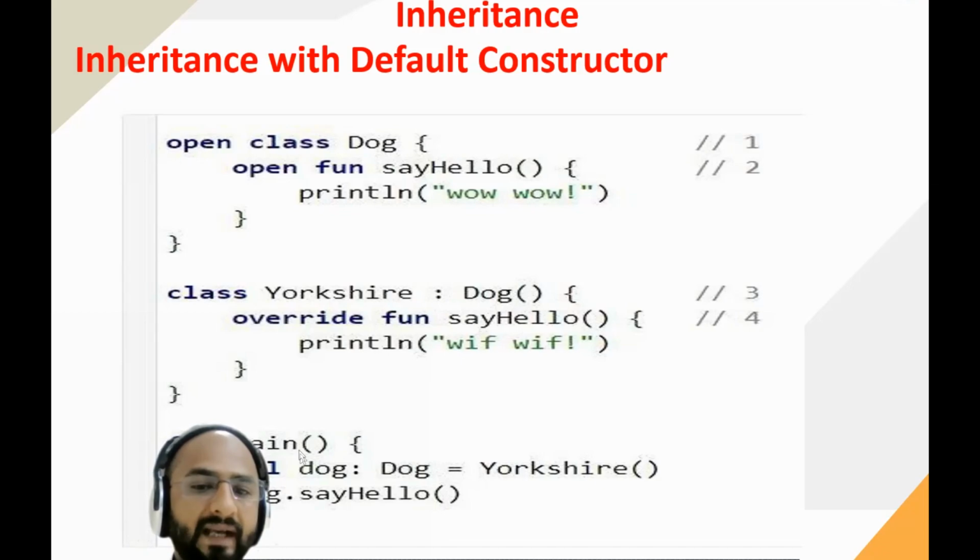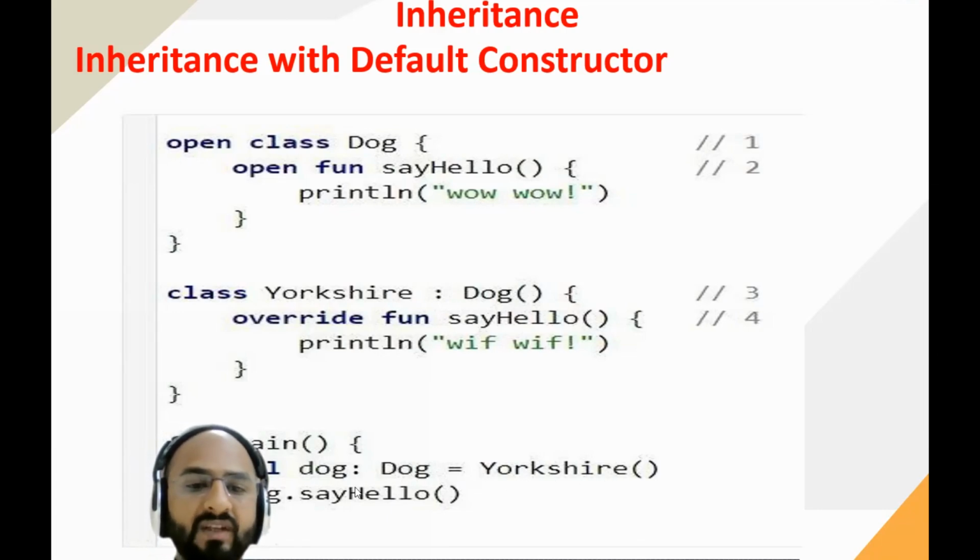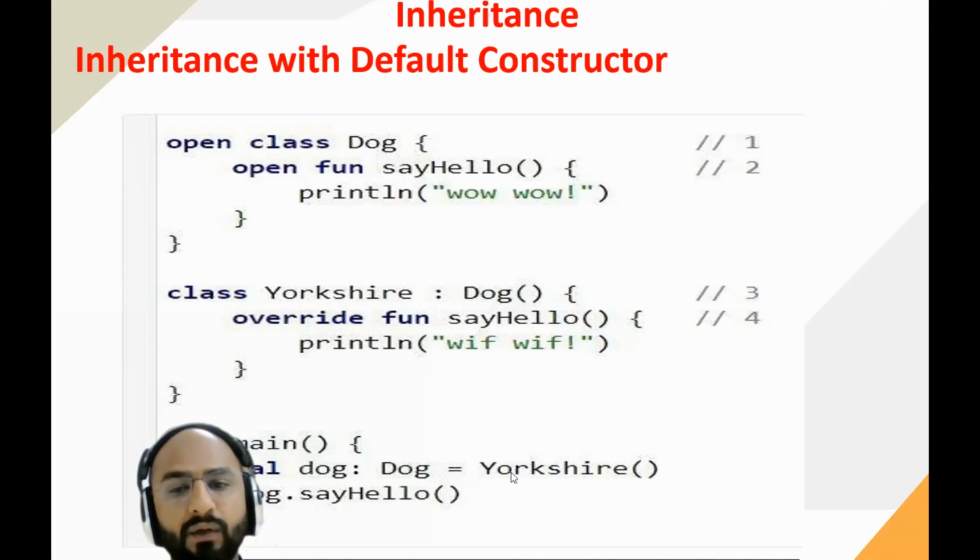Now in the main function, what I have done is create the object of the Dog class by using the Yorkshire reference. So I am creating a reference of Dog by using Yorkshire. I have written val dog: Dog = Yorkshire(), and now I have called the sayHello method.